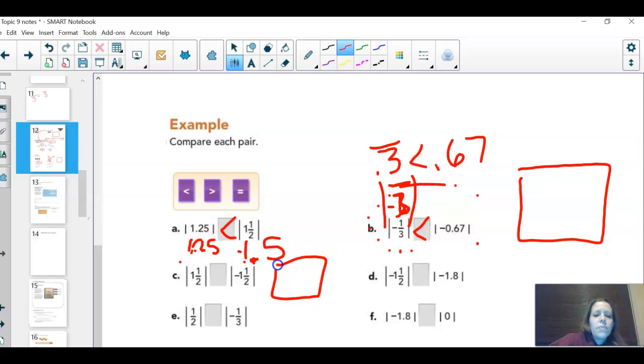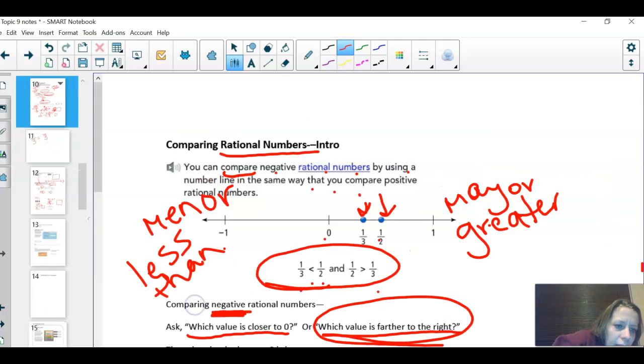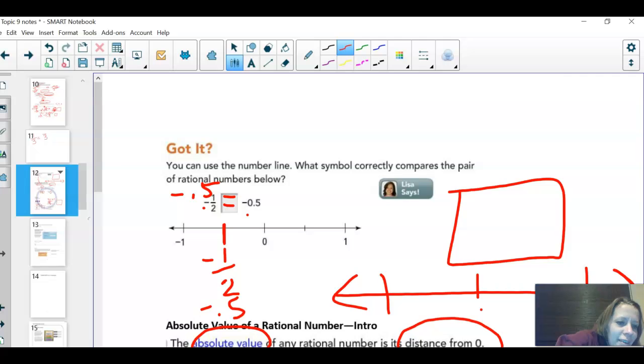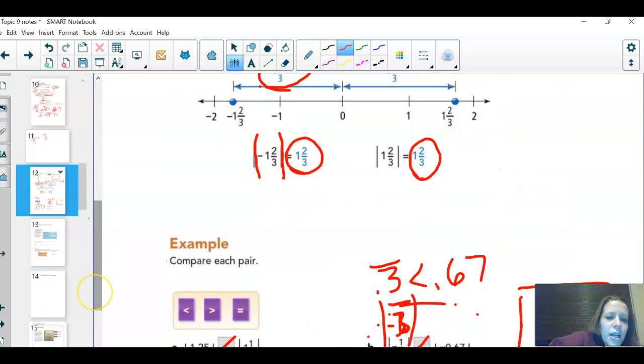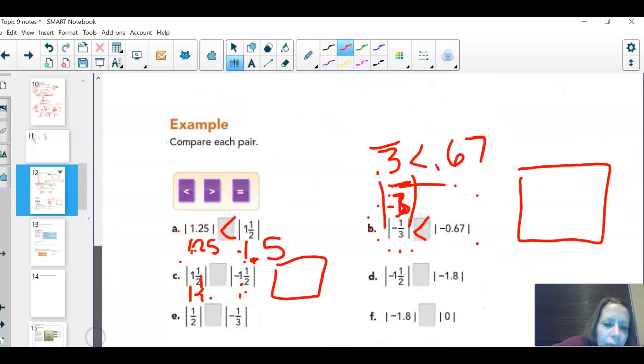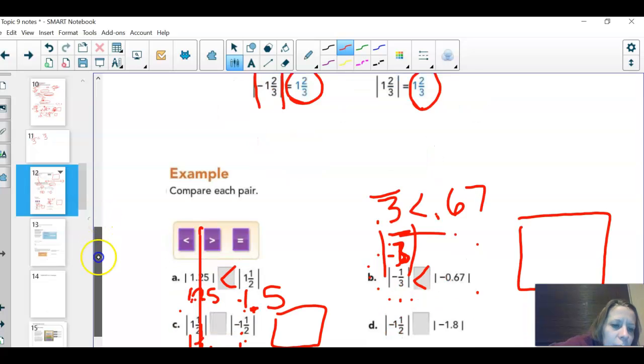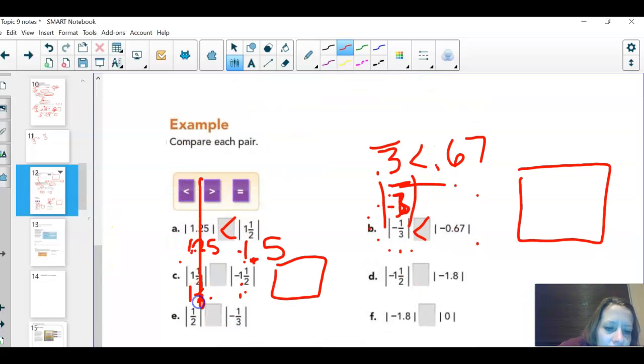Try C. What did you get? Okay, if you said 1 1/2, this would change. You said 1 1/2, and you said equal.